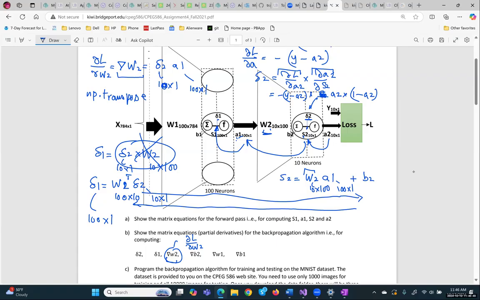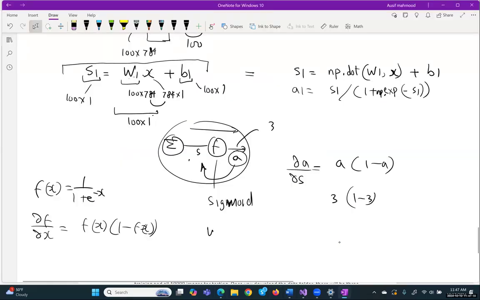So as you can see, if there are 10 by 100, meaning there are 1,000 weights over here, then there should be 1,000 derivatives over here. Because to implement the back propagation, we'll be doing W2 equal to W2 minus partial L over partial W2. So what is the size of this?